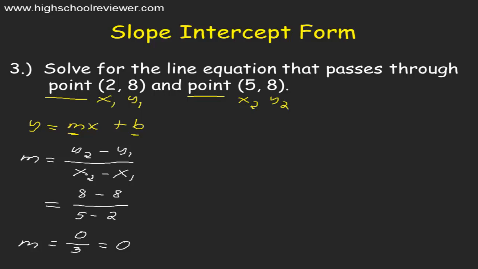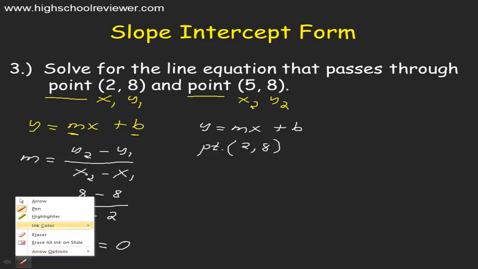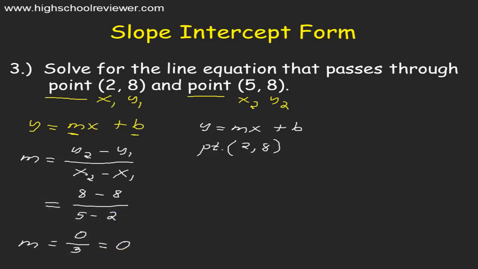Let us now find the value of b. Okay, so we will use the equation y is equal to mx plus b. To find b, we need to use either point 1 or point 2. So let's use point 1. Our point 1 is coordinates 2 and 8. So we are going to use the x and y of this point.